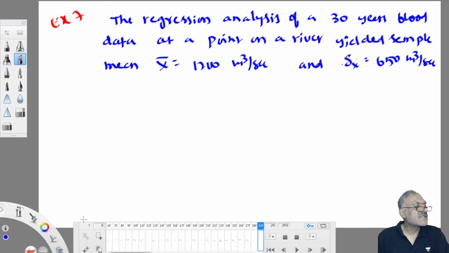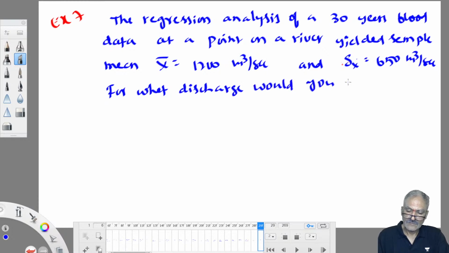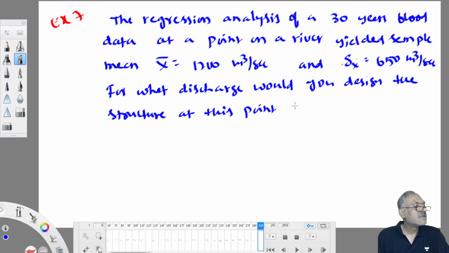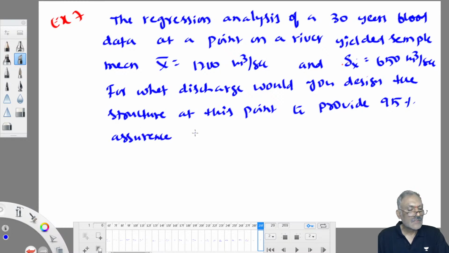For what discharge would you design the structure at this point, to provide 95% assurance that the structure would not fail in the next 50 years?